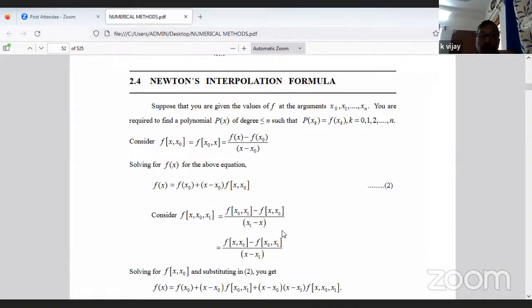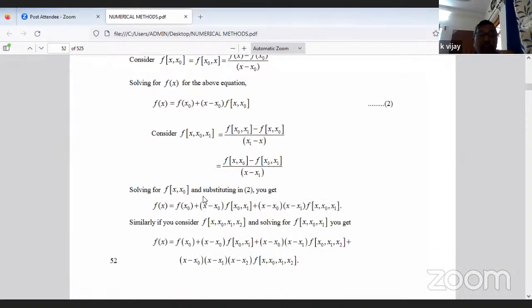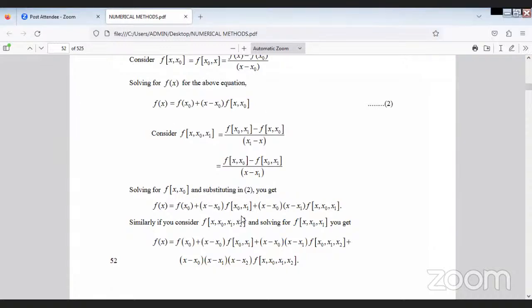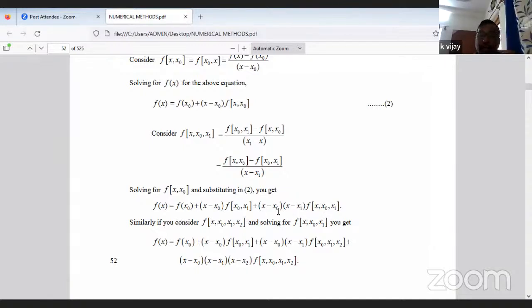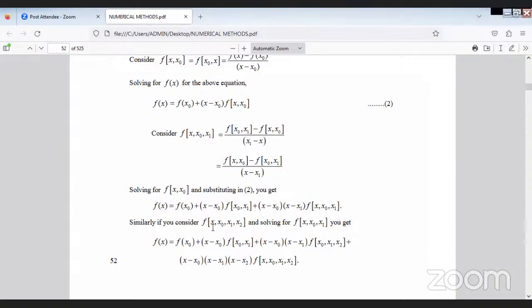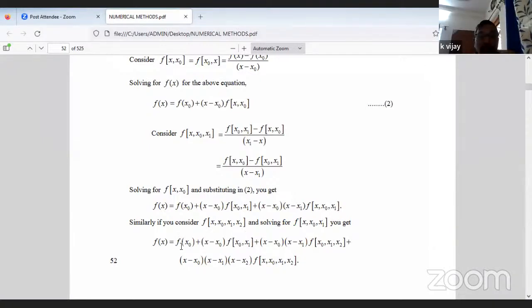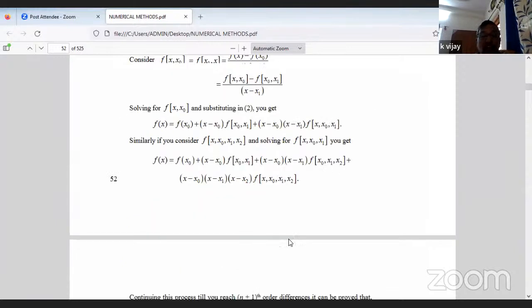So solving for f of x comma x0, substituting in the above second equation, we get x minus x0, x minus x1 times f of x comma x0 comma x1. We use three terms: x, x0, x1. Then f of x0 x1 x2 with x minus x2, that is f of x x0 x1.